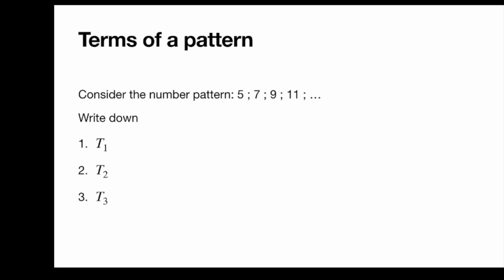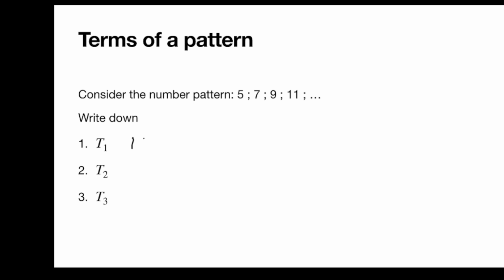And we want, in this particular question, to write down what we call T1, and then write down T2 and T3. What we mean by T1 is actually the first term of the number pattern.